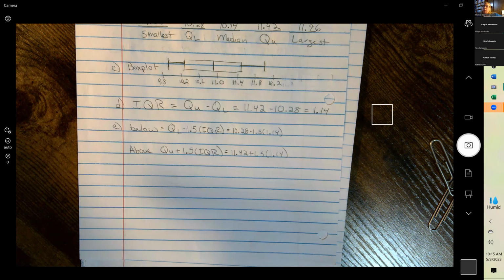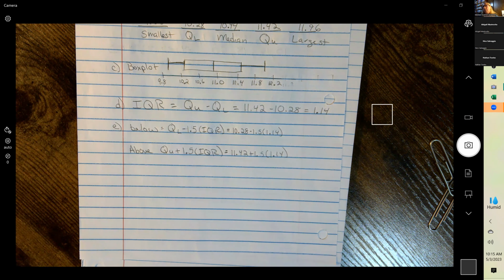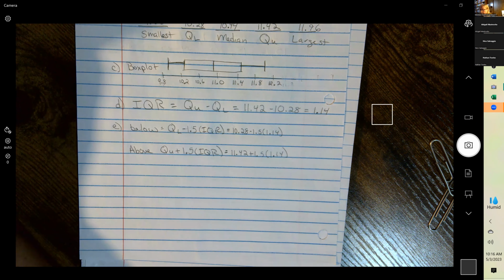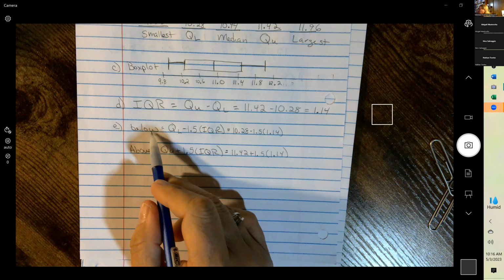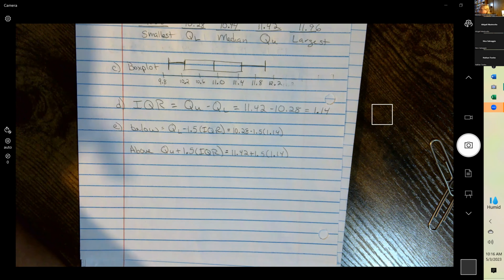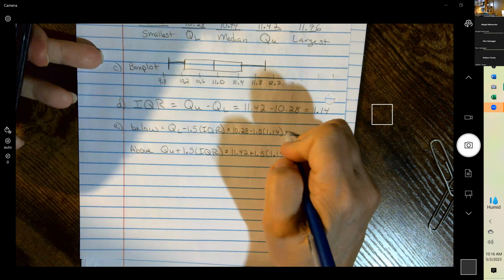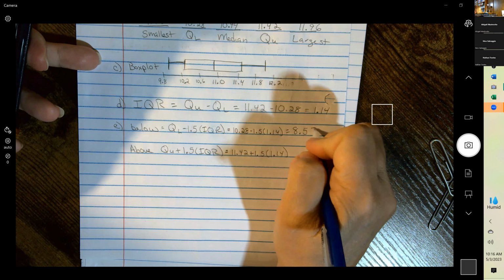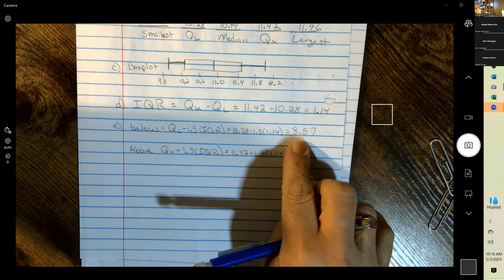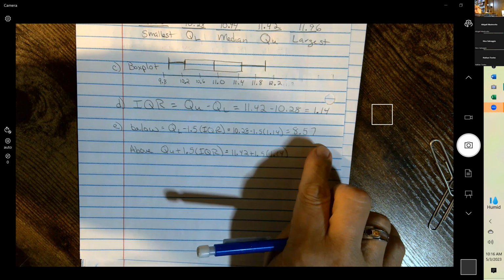Any questions? When you get the lower fence, type it in. 1.5 times... 8.57, yes. So if a value is below 8.57, it's an outlier.